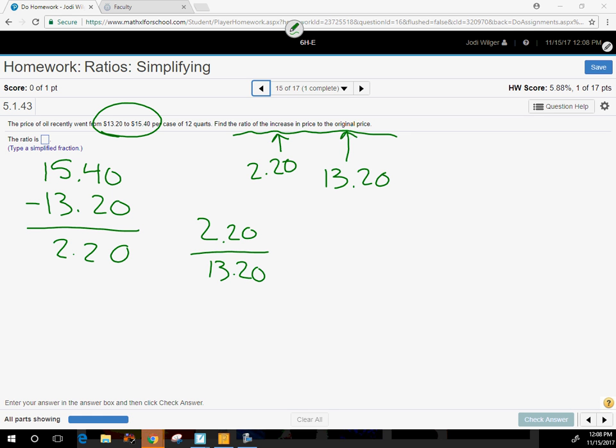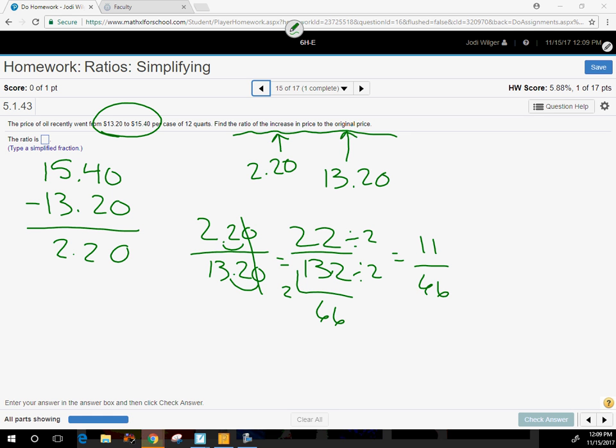First thing you've got to do is bump that decimal. Then I only have to bump it once. So I have 22 over 132. Ooh, my board just reset. And now you can reduce. That's going to be 11, and 132 divided by 2 goes in there. 66.